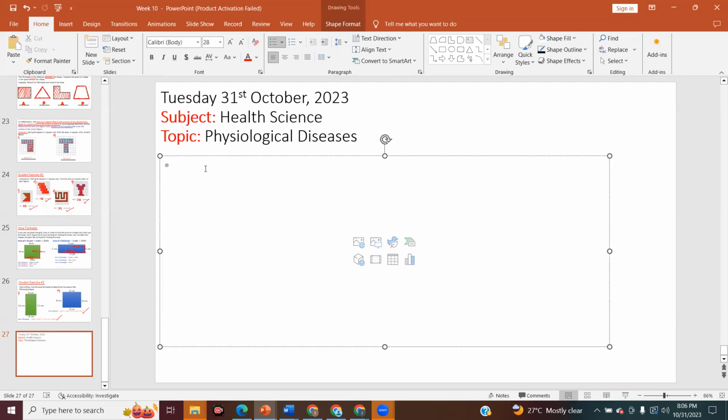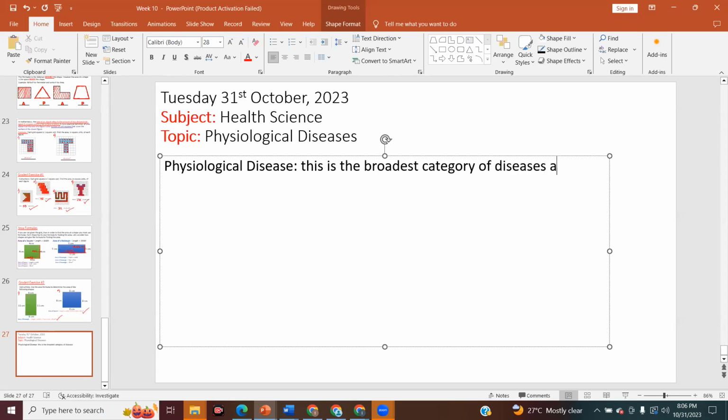All right, so physiological diseases. This is the broadest category of diseases, as it consists of anything that physically goes wrong with the body.